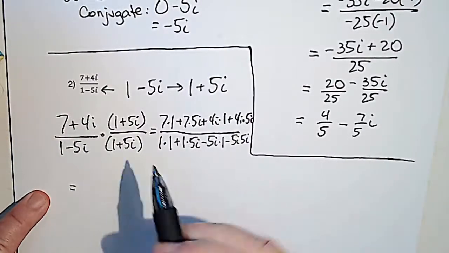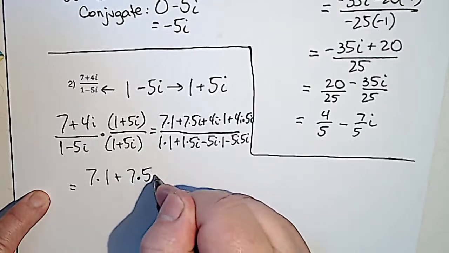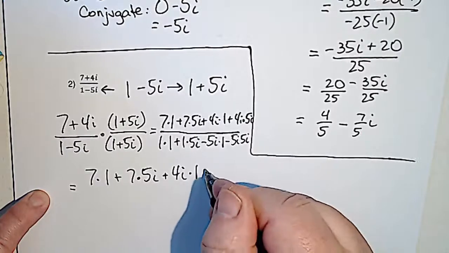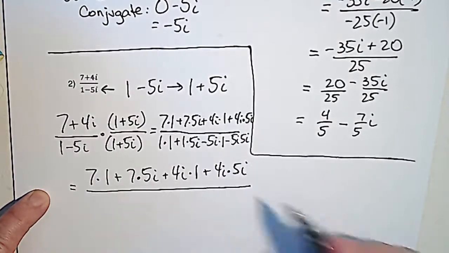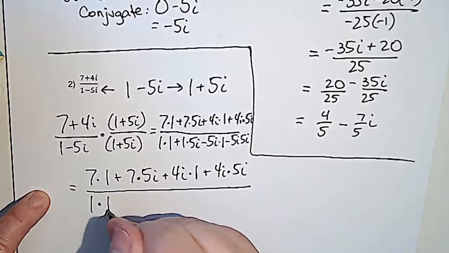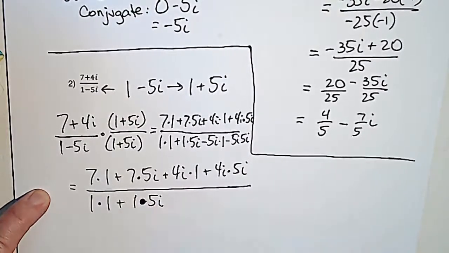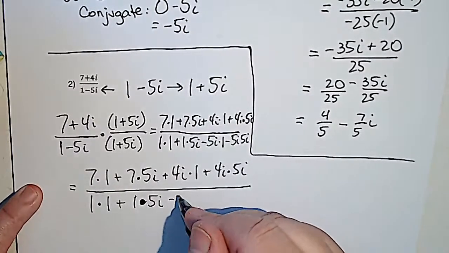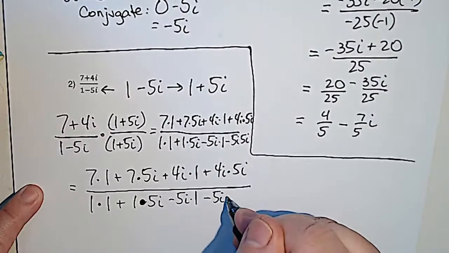Let me write that out again. 7 times 1 plus 7 times 5i plus 4i times 1 plus 4i times 5i. 1 times 1 plus 1 times 5i. Oops, sorry, that should be times. My hand wanted to write plus. Minus 5i times 1 minus 5i times 5i.